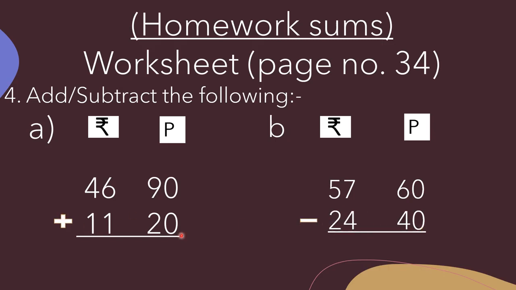Okay. So beta, when you solve the sums, first of all you have to look at the sign. Which sign is given, plus or minus, and after that accordingly you have to solve the sum.